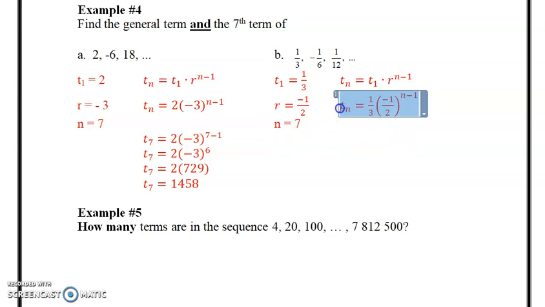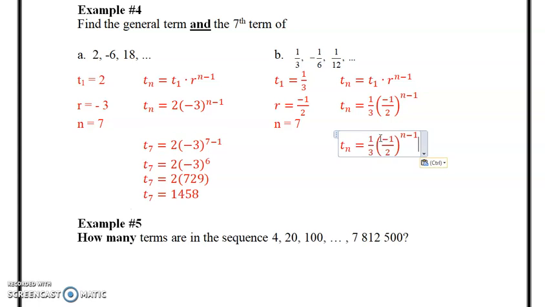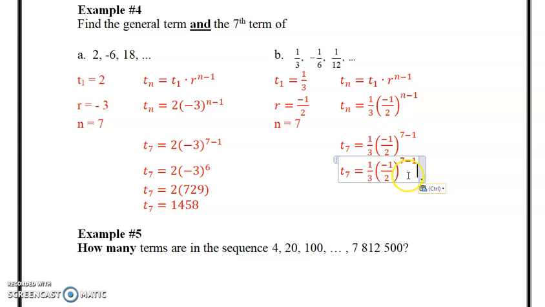Now we're going to do the 7th term, so we rewrite the formula from the general term and fill in 7 where we see n. 7 minus 1 gives you 6, and it's going to be (-1/2) to the power 6.